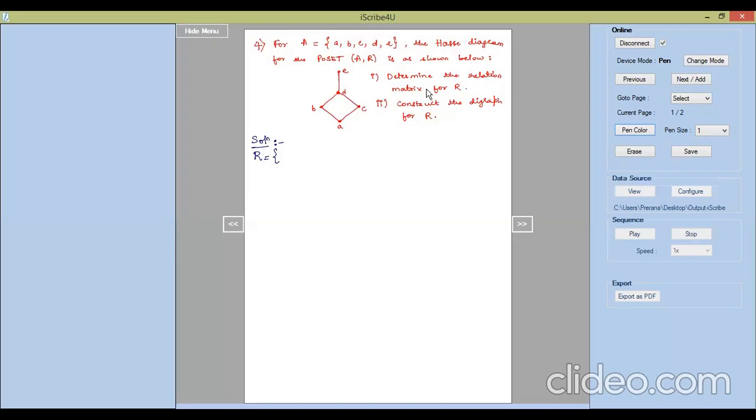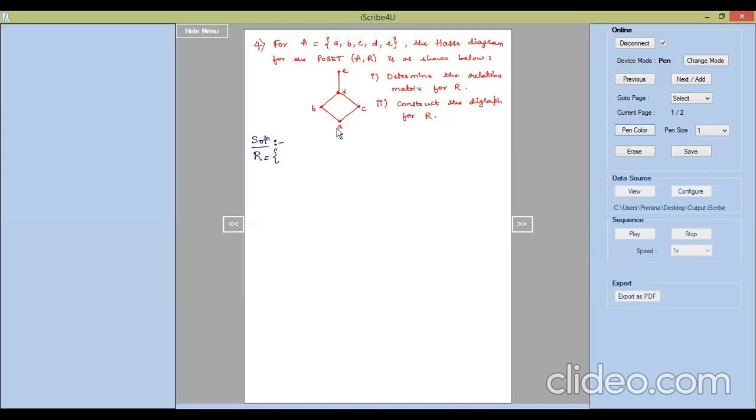These are obvious because if we at all have to draw a Hasse diagram, it has to satisfy the definition for partial order. The definition for partial order says that R has to be reflexive. So since R has to be reflexive, the pairs like AA, BB, CC, DD, EE are obvious in the relation R, which will not be represented in the Hasse diagram.